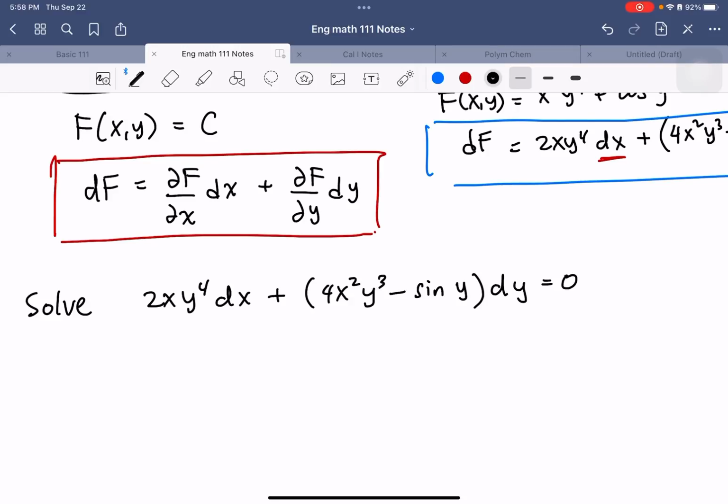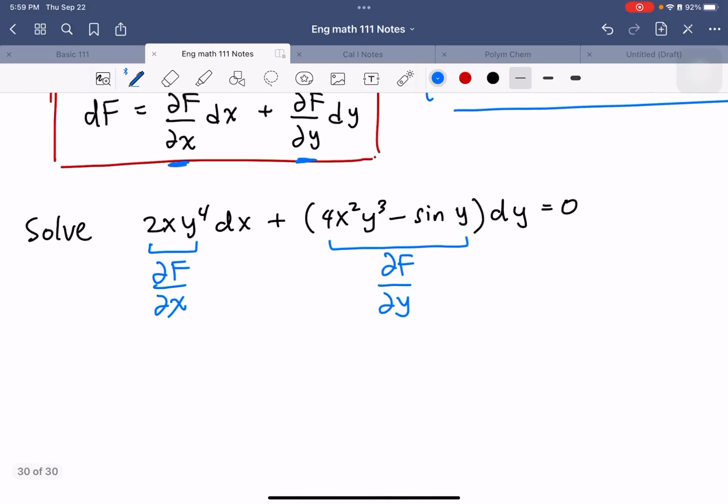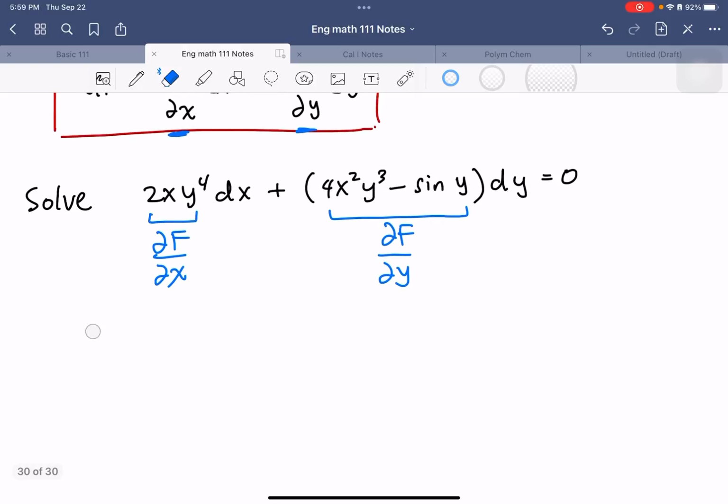Now remember that we have df equal to partial f partial x dx, this part, and partial f partial y dy. We define this as partial f partial x, and this part as partial f partial y. Now the deal is we are going to have partial f partial x equal to 2xy power 4.